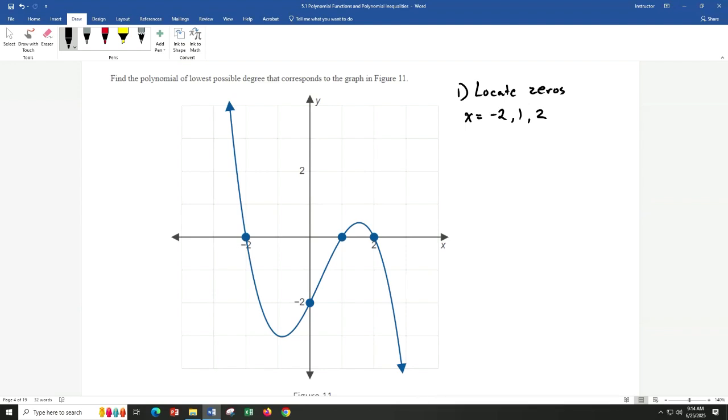Well, if I reverse this a little bit, couldn't I rewrite every single one of these like this? x plus 2, x minus 1, x minus 2. That's doable, right? Because if I make those equal to 0 and I solve, that's how I get my negative 2, my 1, and my 2. Did you get to there okay? Don't want to lose anybody.